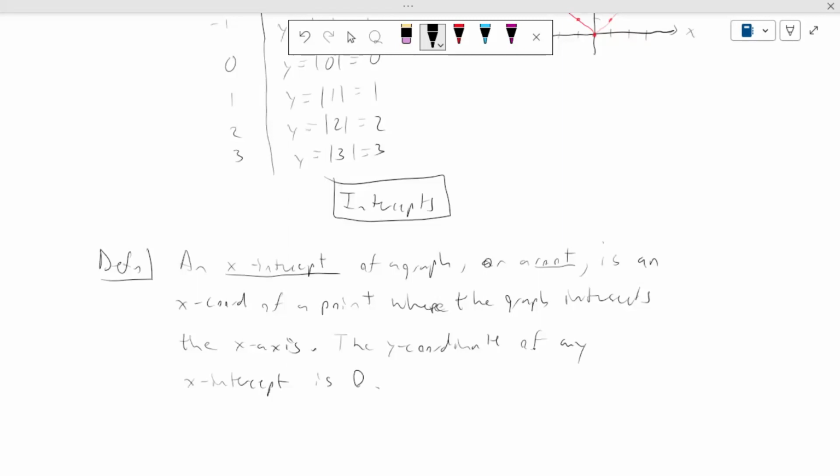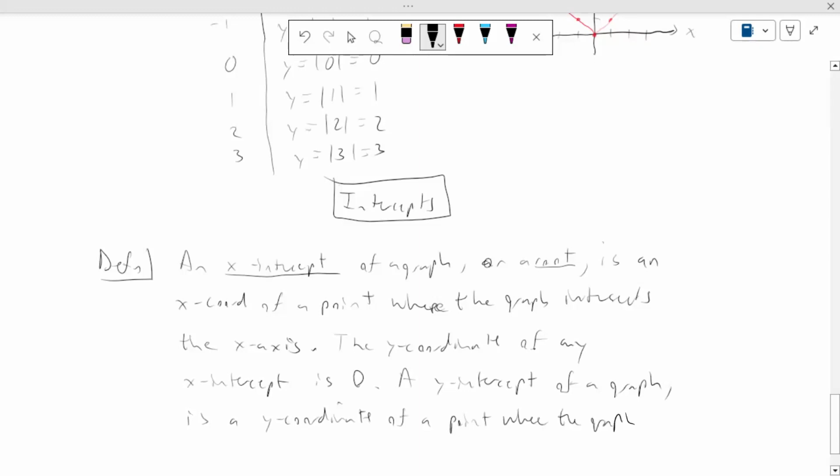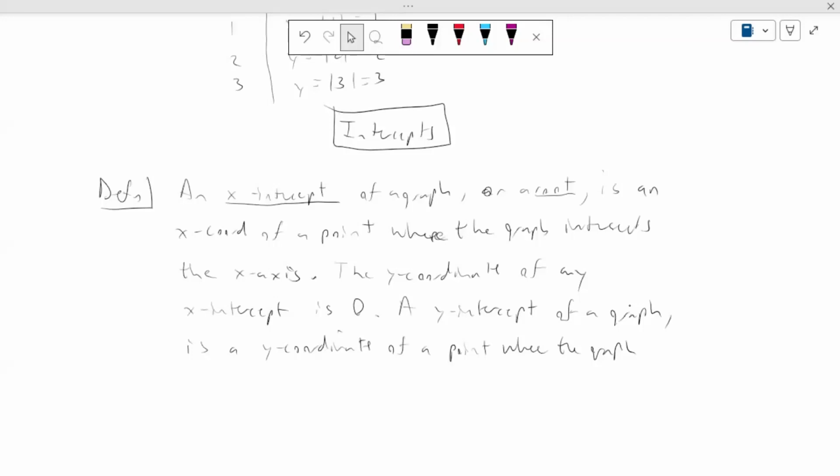Now, a y-intercept of a graph is a y-coordinate of a point where the graph intersects the y-axis. And of course, if you're crossing the y-axis, your x-coordinate must be 0.